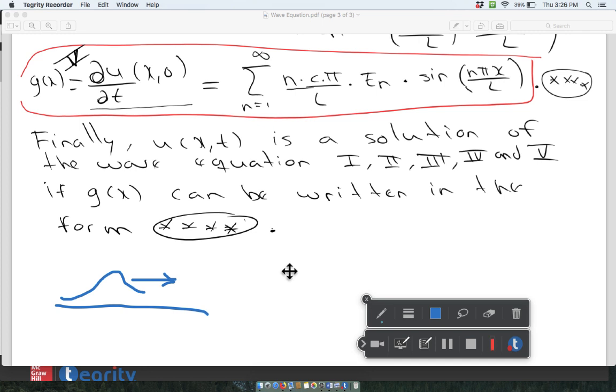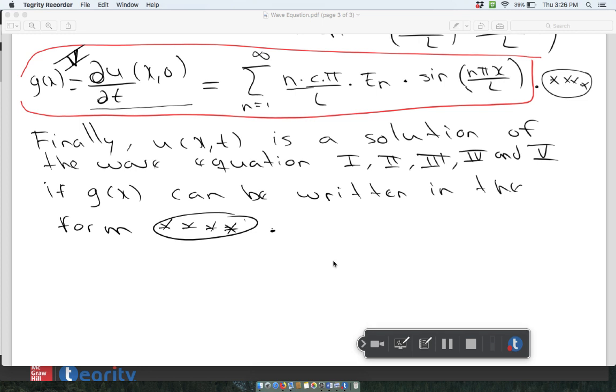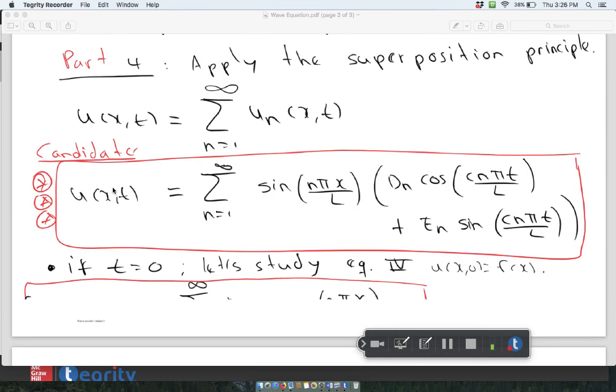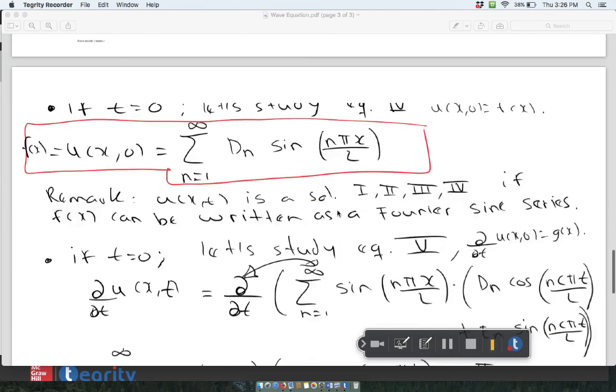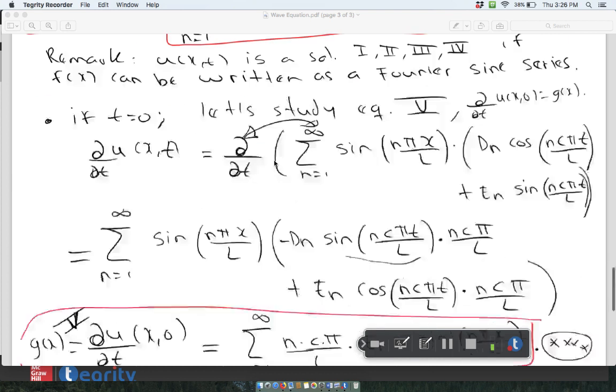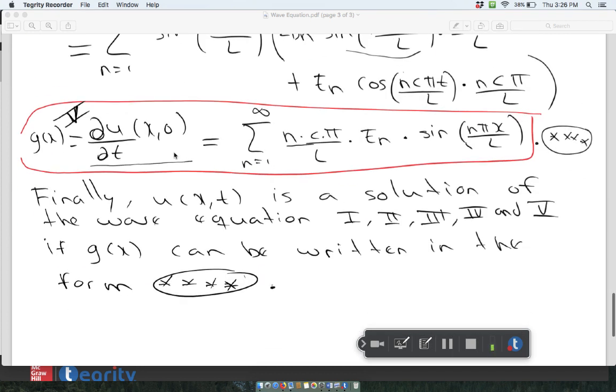So finally, u(x,t) is a solution. The solution of the wave equation with conditions 1, 2, 3, 4, and 5 will be of this form, as long as f of x can be written as a sine Fourier series and g of x can be written as this infinite sum.